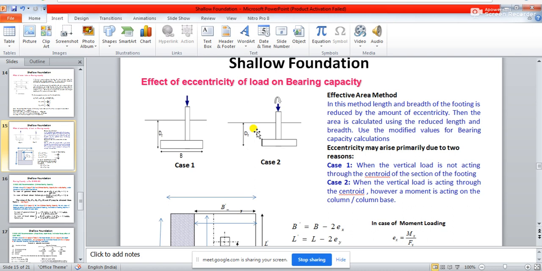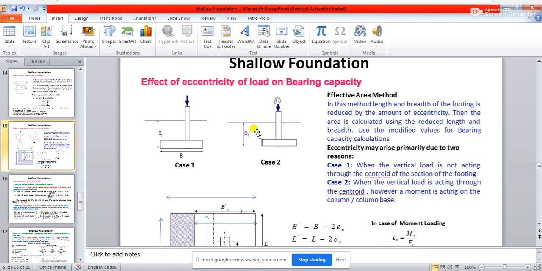Okay, so the eccentricity effect on bearing capacity is that it will reduce the amount of bearing capacity. Because of the eccentricity, the effective width and effective breadth of the footing will be reduced.